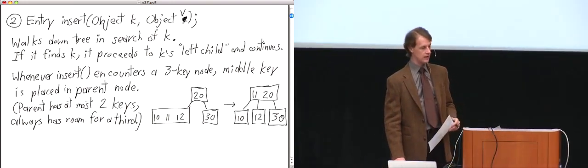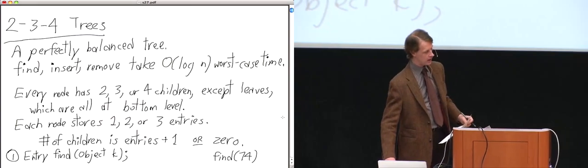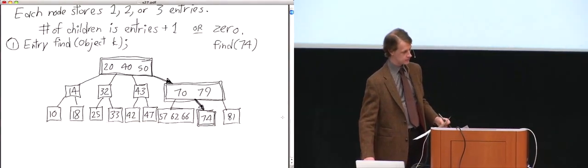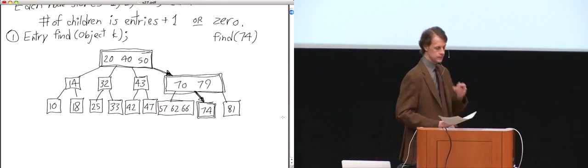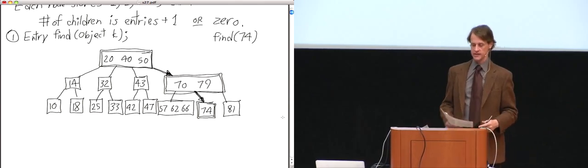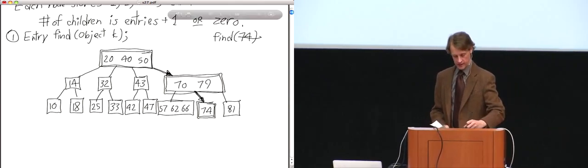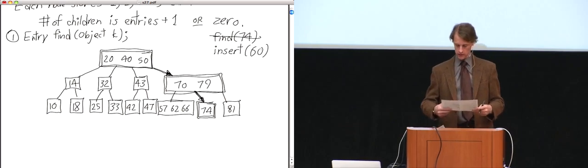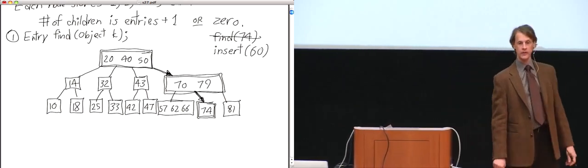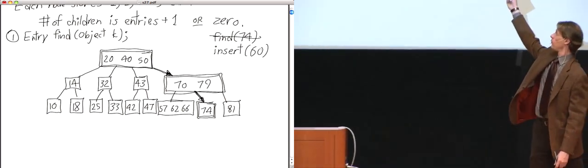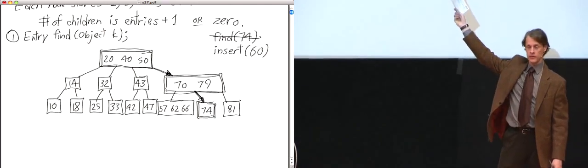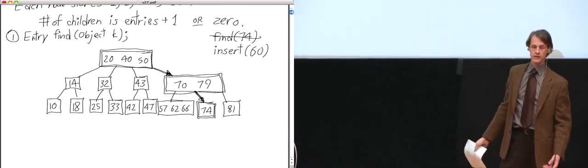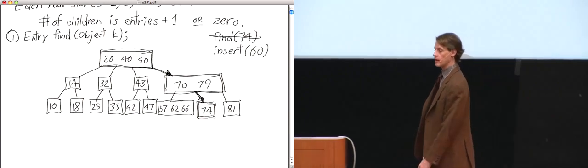So let me demonstrate how that's going to work out on the tree that we started with. So let's take this tree again, and now we're going to look at the operation insert 60. So what happens when we insert 60? We have to start at the root of the tree and walk down the tree trying to find 60.